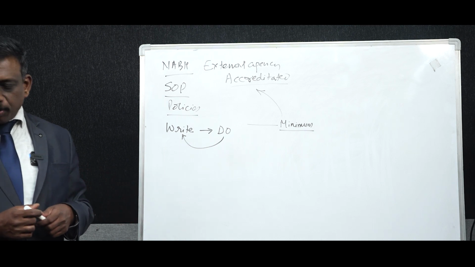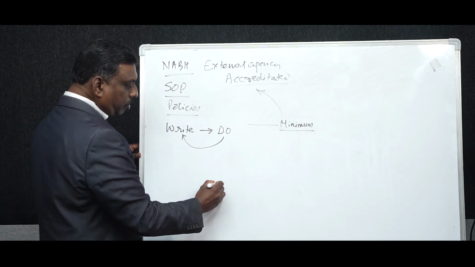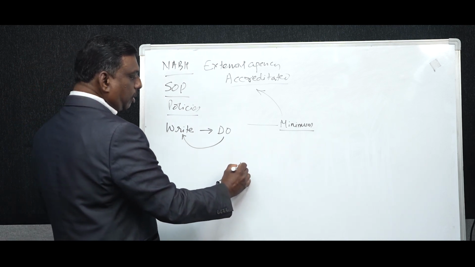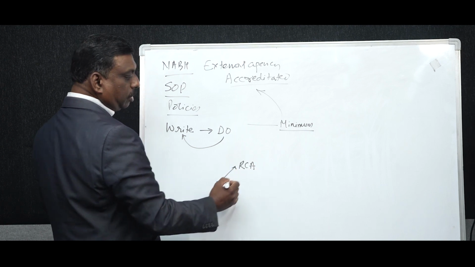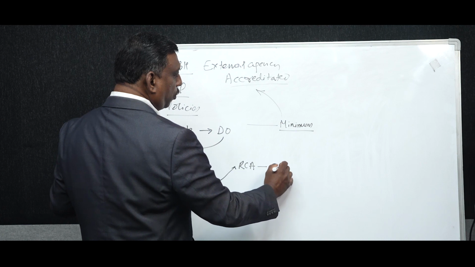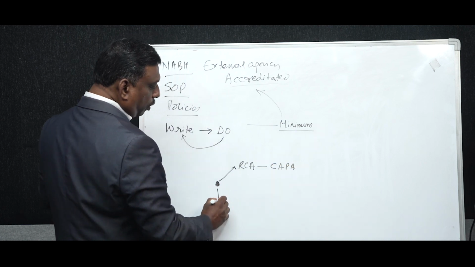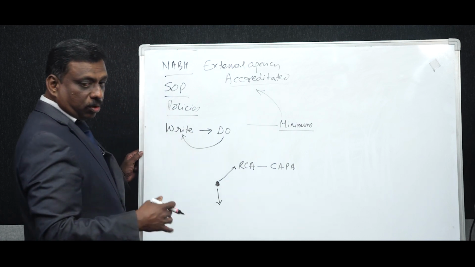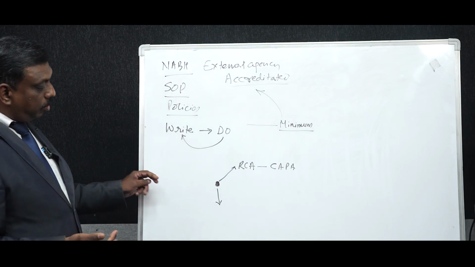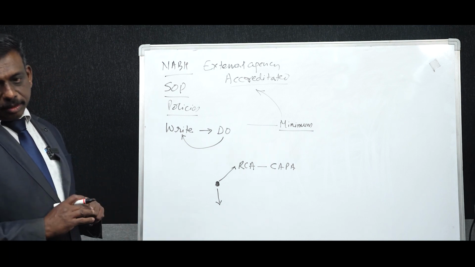In Six Sigma, we identify a problem. If there is a problem, then we use root cause analysis. Then we do corrective and preventive action, and we try to remove the problem and bring the process and protocols to our expected standards.